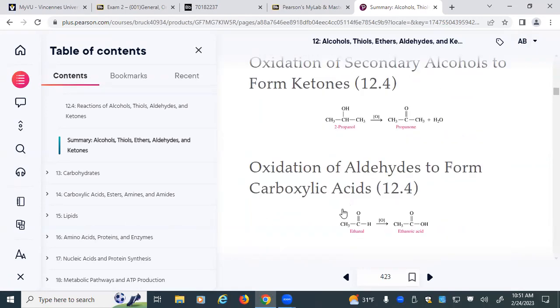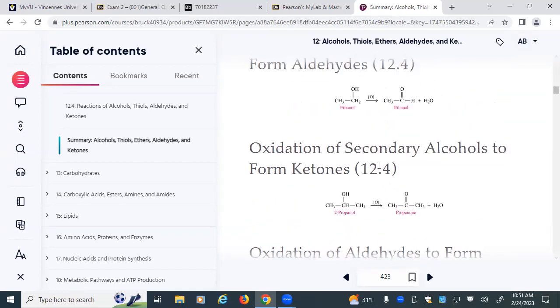The other reactions that we would tend to worry about are these oxidation reactions. And remember, with oxidation reactions, we're just looking at adding oxygen bonds. So an alcohol turns into a carbonyl.